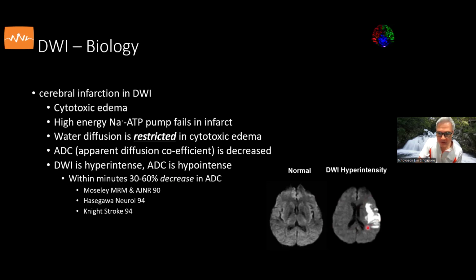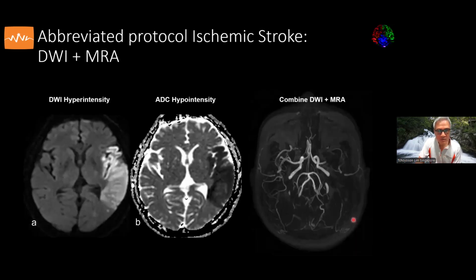So the contrast to normal ratio is extremely high, and the noise is negligible in a DWI. So this makes it very attractive for us to use this as a detector for cerebral infarction.